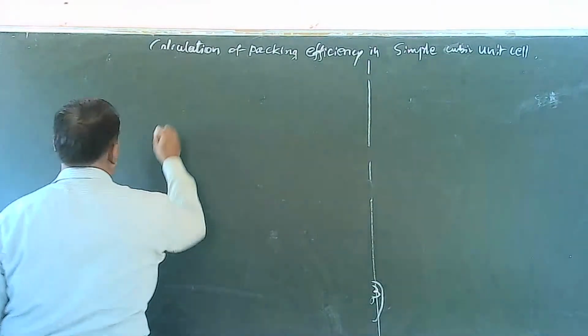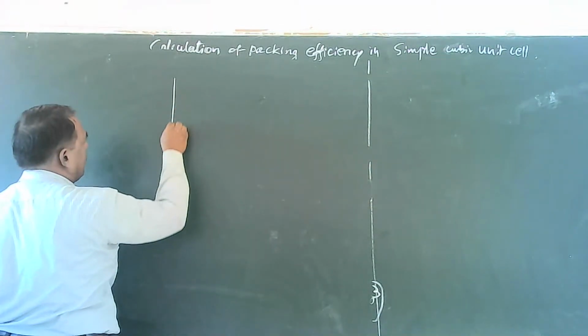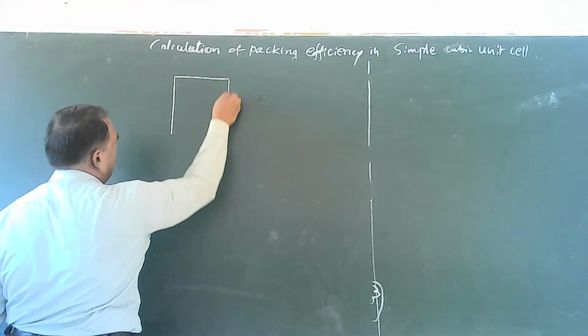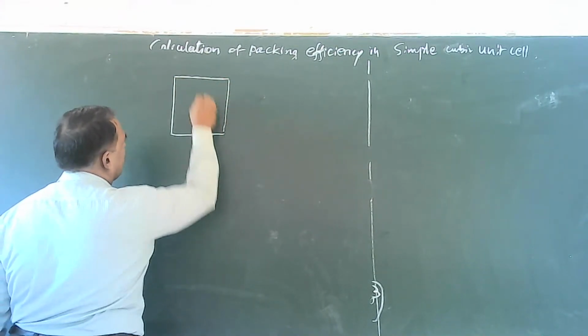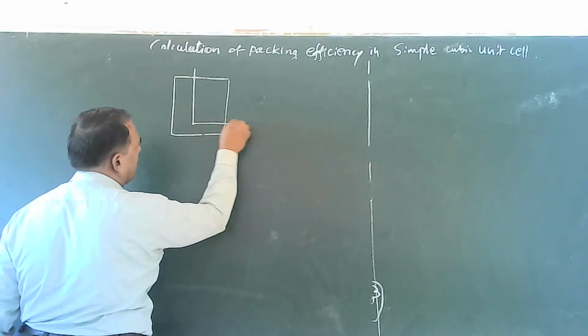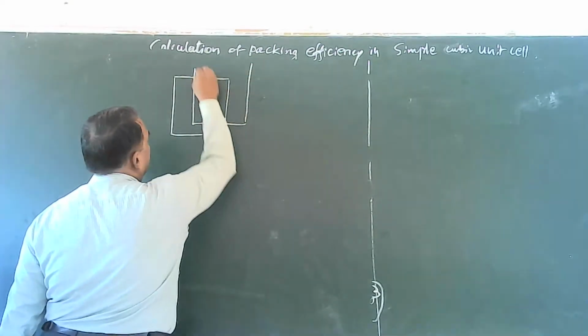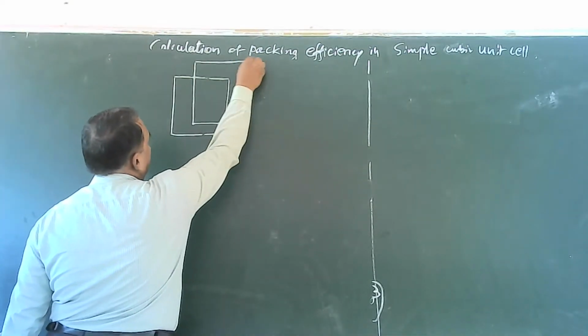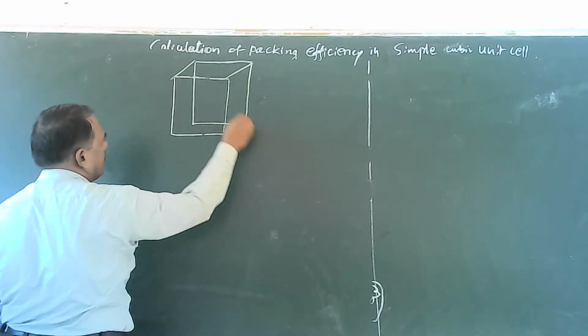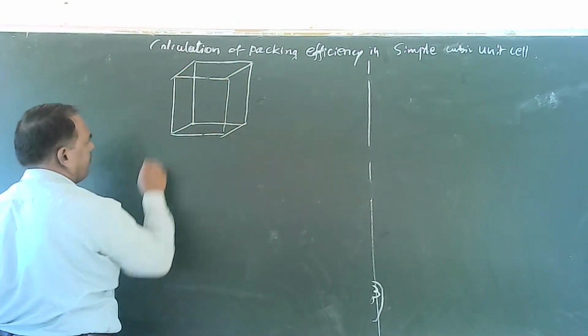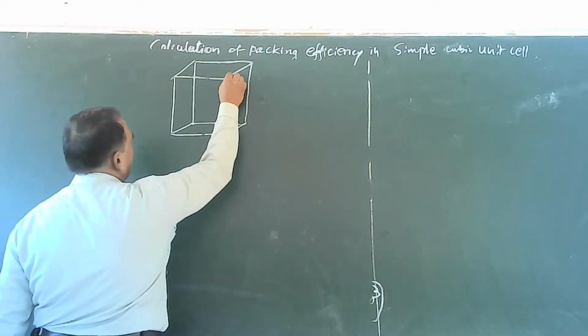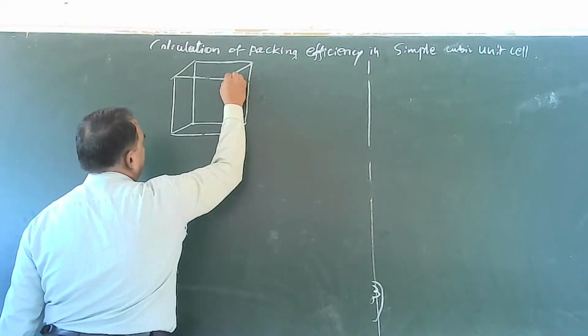So in simple cubic unit cell, draw the diagram. See, a simple cubic unit cell, draw. So which is nothing but a simple cubic unit cell. The particles are present.